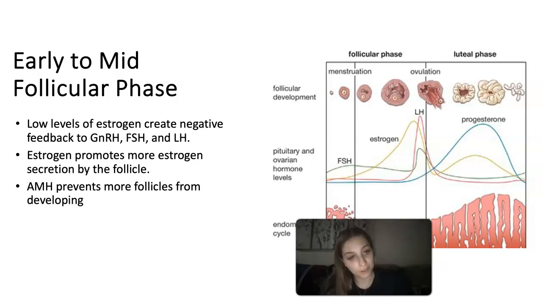Estrogen promotes more estrogen secretion by the follicle, and AMH prevents more follicles from developing. Negative and positive feedback by estradiol and progesterone controls the FSH and LH production.